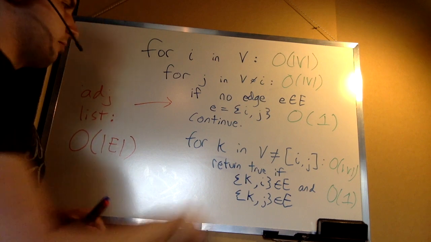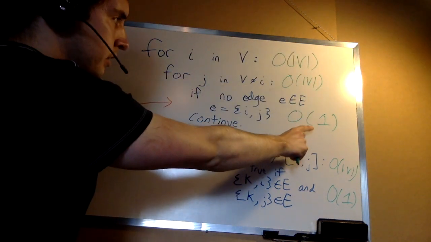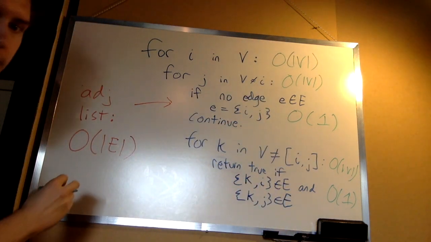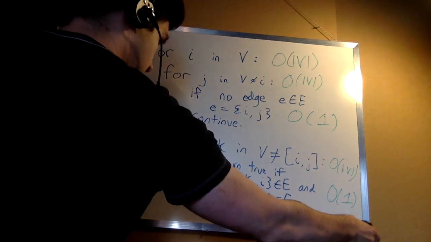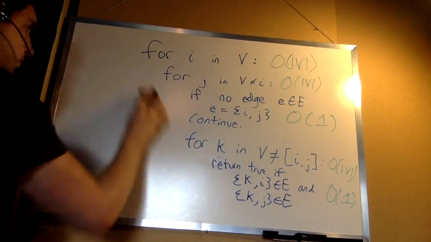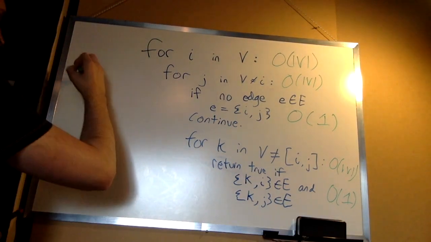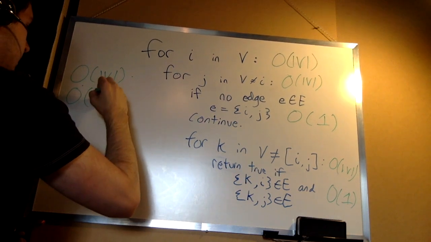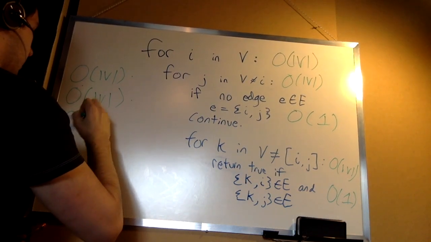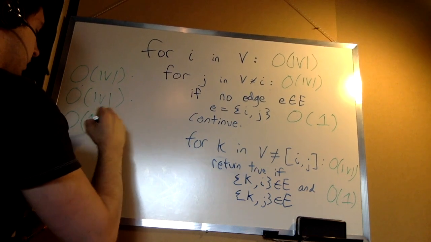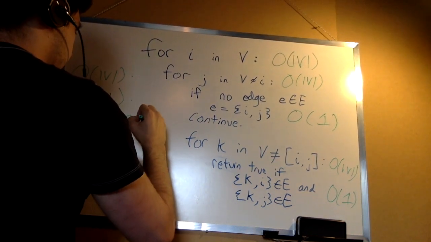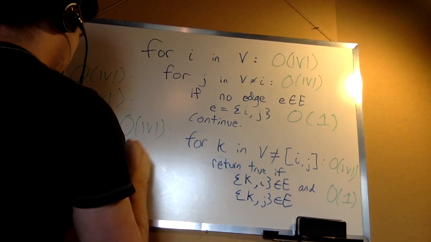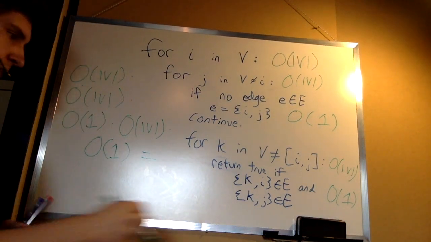So our total runtime here is O of V times O of V times O of 1 times O of V times O of 1, which is equal to, you guessed it, O of V cubed.